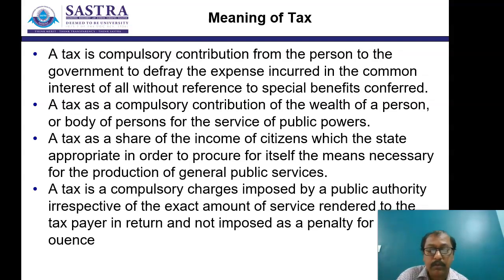And that's what I was referring to in the last sentence. The government needs to build the infrastructure, build the administration, run the government. So for all these things they need money. So this money is going to be collected from the citizens as a compulsory payment in the form of a tax.